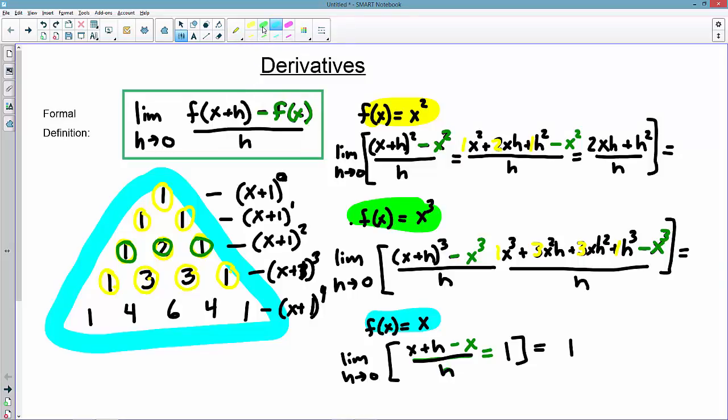I want you to notice that every highest power of the expansion, so in the case of x plus h squared, this term and the minus f of x always go away, right? Let's look at the cubic one, x plus h cubed. So the highest power term here and the minus f of x, that's coming from this part of the formula here. Minus f of x, right?